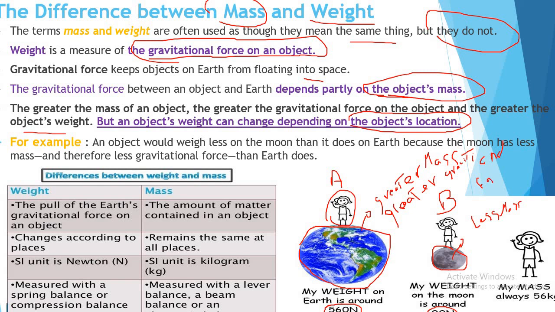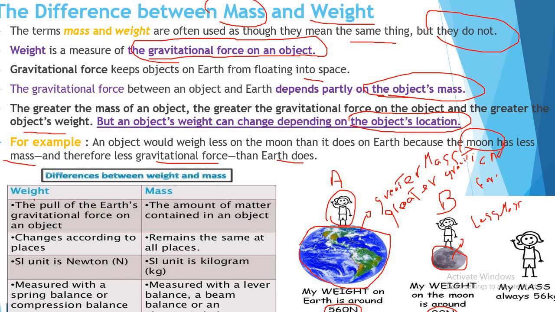So this girl weighs more on the Earth than on the moon. An object would weigh less on the moon than it does on Earth because the moon has less mass and therefore less gravitational force than Earth.